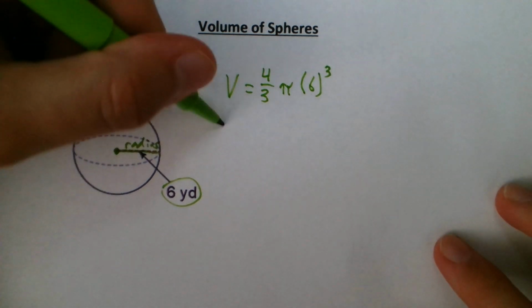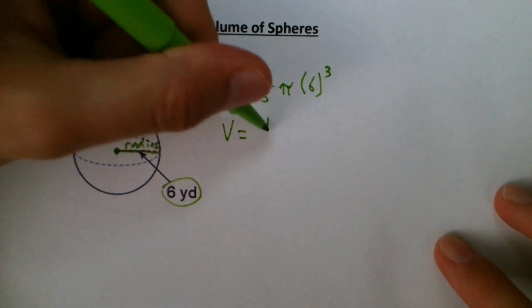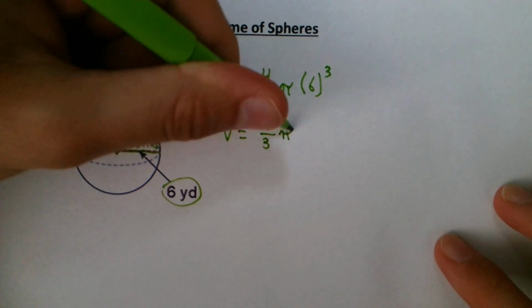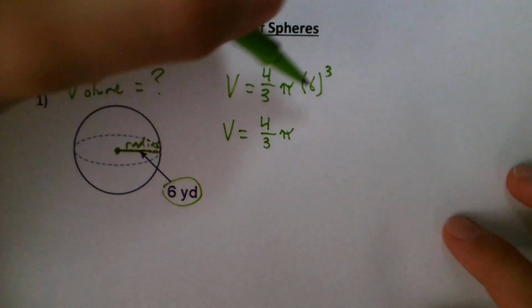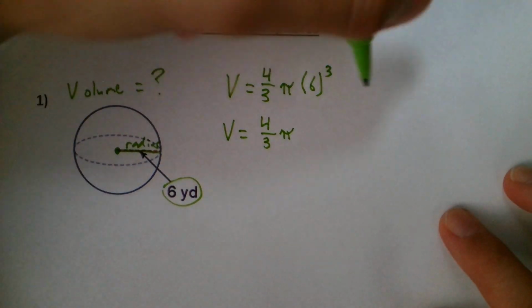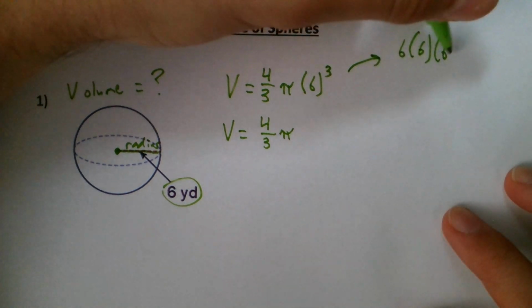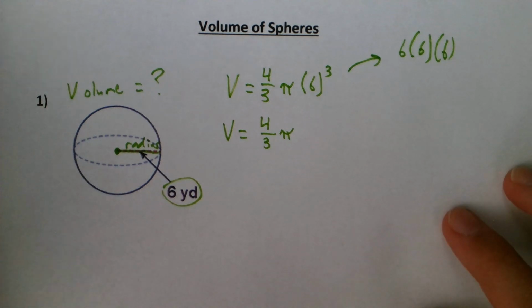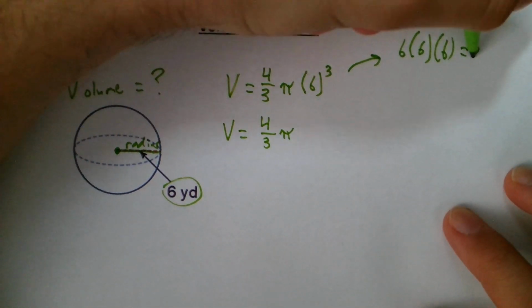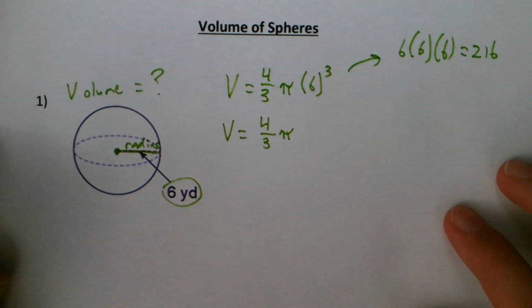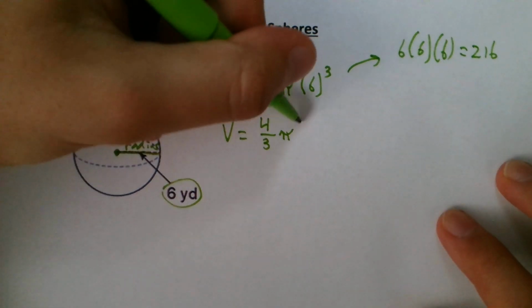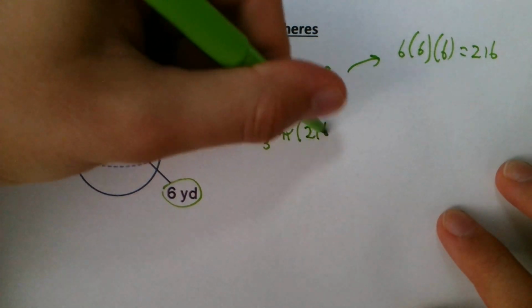Now, bring this stuff down. 4/3 pi. Now remember, when we say 6 cubed, what that really means is 6 times 6 times 6, right? And when you multiply all that together, you get 216. So it's going to be 4/3 pi times 216.